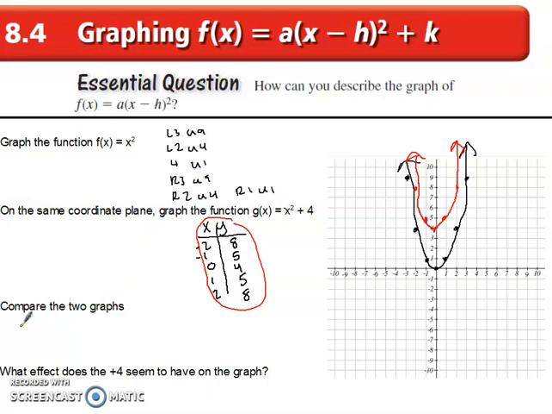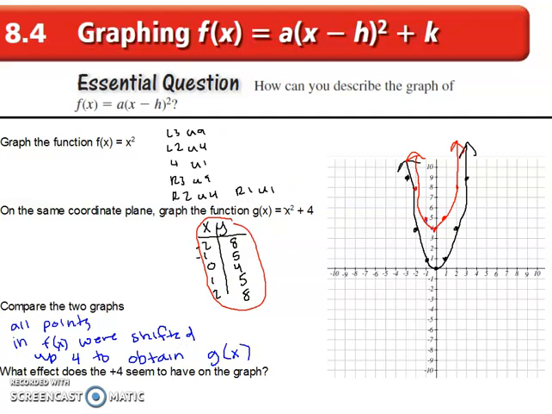So to compare the two graphs, all that happened is that all points in the function f of x were shifted up 4 to obtain g of x.